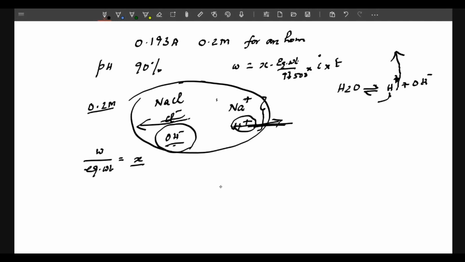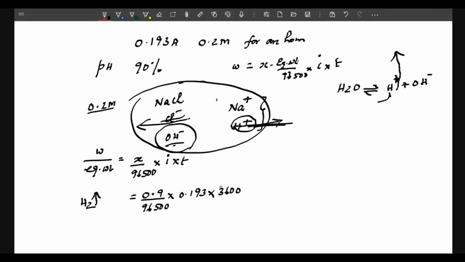That is given by X by Y. We have introduced X because current efficiency is given, into I into T. Therefore, X is equal to 0.9, because of 90% efficiency, divided by 96,500, I value is given as 0.193 ampere, T is 1 hour, that is 3600 seconds. What is the value of the equivalents of hydrogen liberated from the solution?